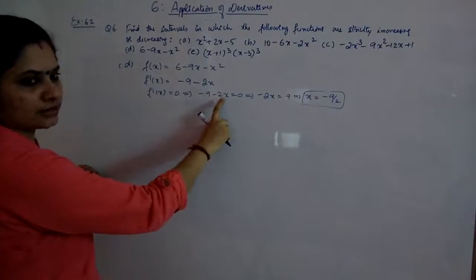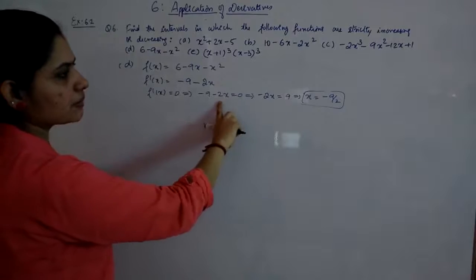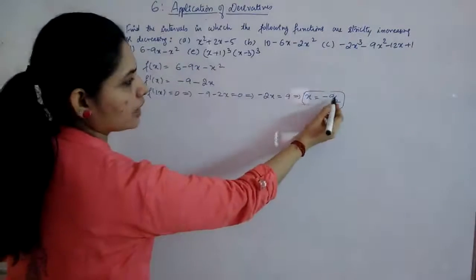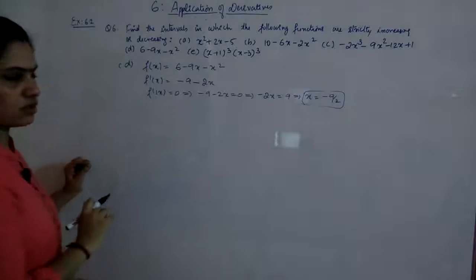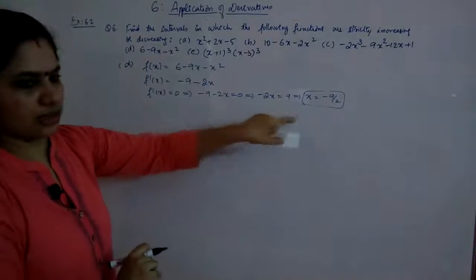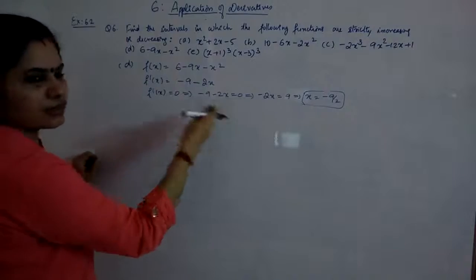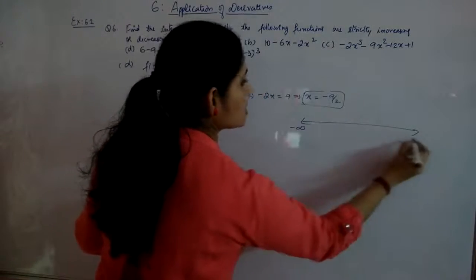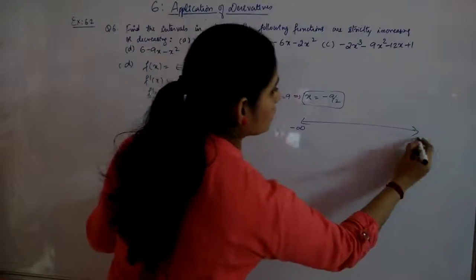While doing this, be careful. Some people write -2/9 like that. The mistake occurs, so just be careful. It will be easy, but you won't know whether you have made any mistake or not.